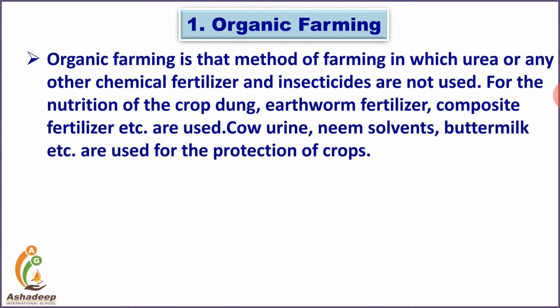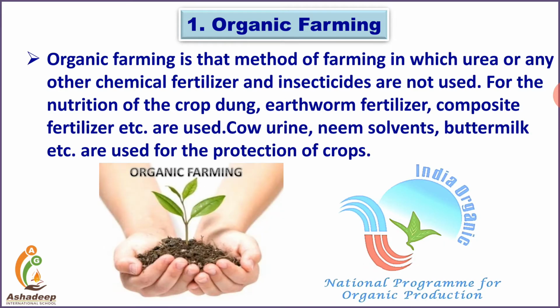Cow urine, neem solvents and buttermilk are used for the protection of the crops. Why? Because these are liquids which will work as pesticides to kill the germs or insects growing on the crops.